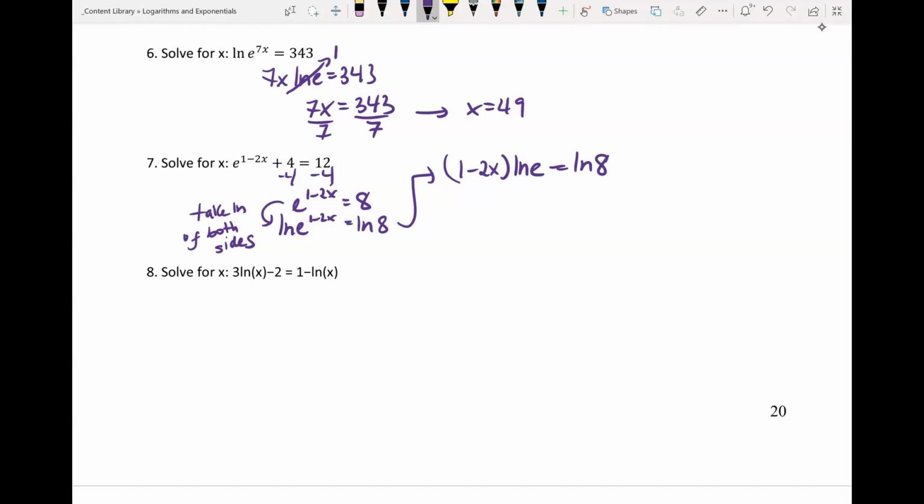We know that ln e is 1, and 1 times 1 minus 2x is just 1 minus 2x. And then I'm going to rearrange and solve for x. Then I'm going to divide both sides by 2. And that's our final answer.